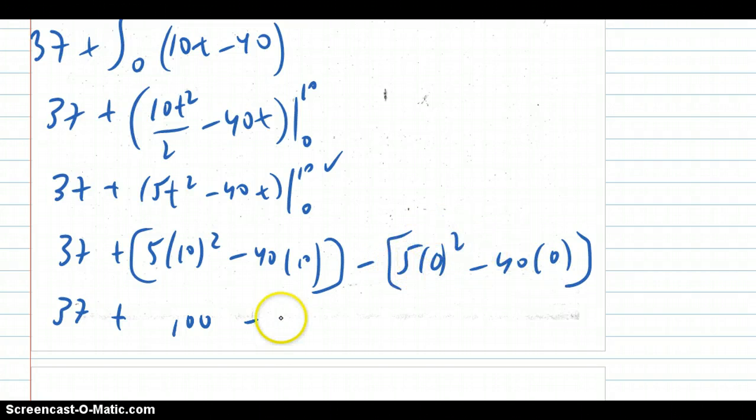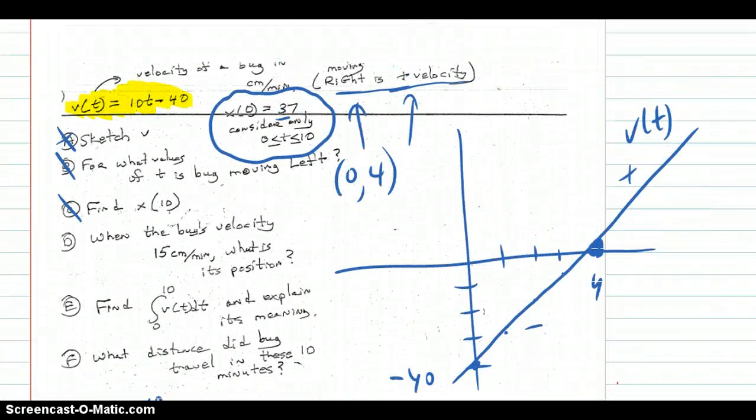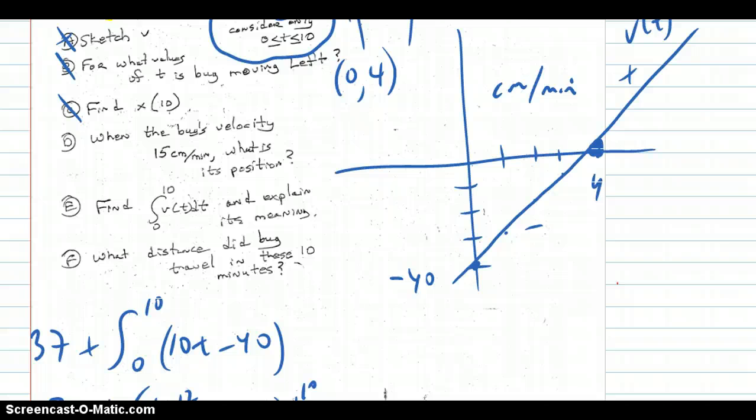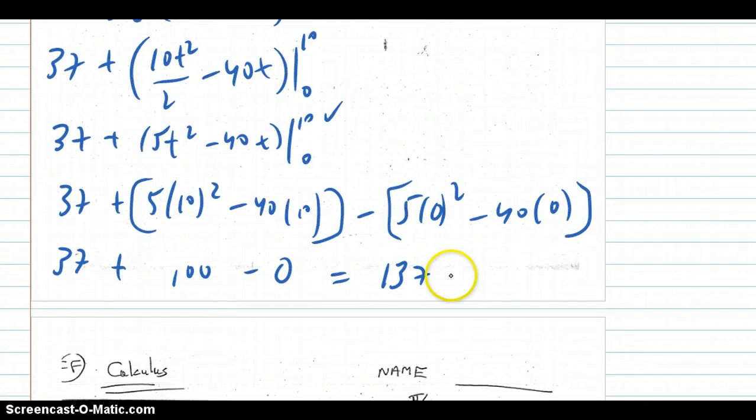I think it's minus 0. So I think we're going to be at 137. If you scroll back up, it's 137. This is centimeters per minute, so it's got to be 137 centimeters. And that's positive, so it's 137 centimeters to the right.